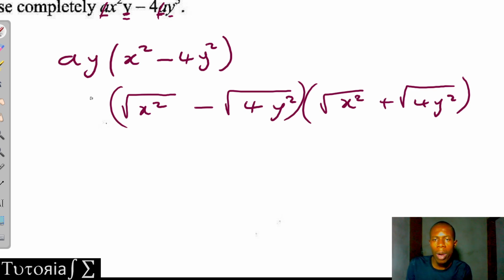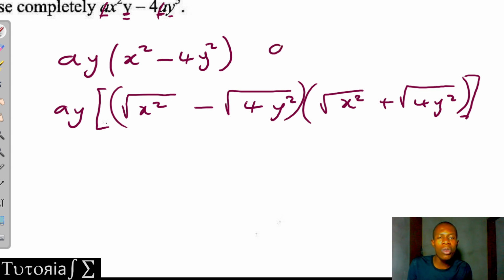You have your ay outside here, ay here. So immediately you see that you have an x squared or a y squared. One of the values is squared and you have a minus there. So one of them should be written as the square root of that minus the square root of that.